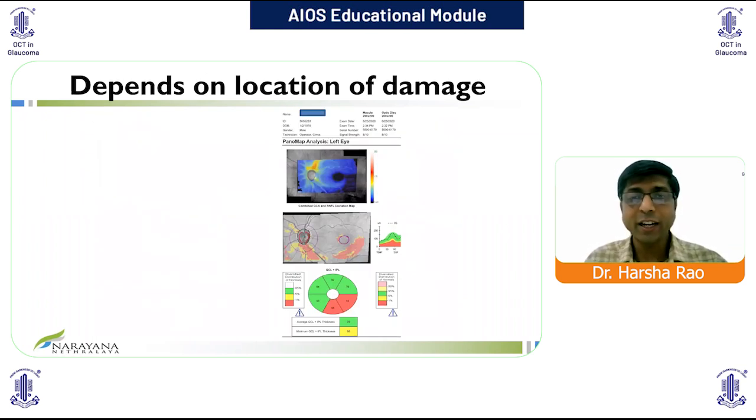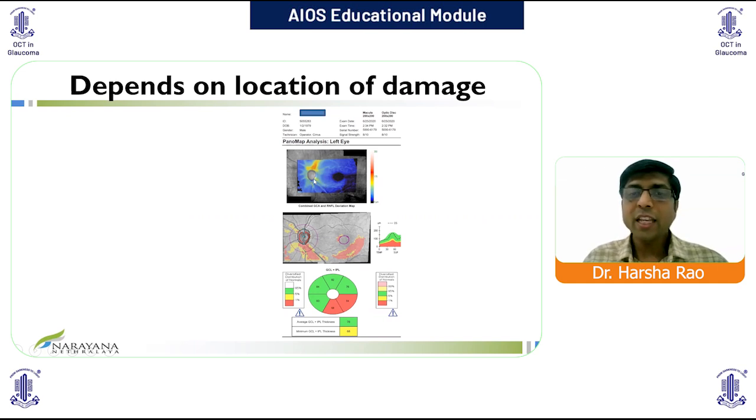To highlight this fact, I have an example here. These maps are called the pano maps, where the optic nerve head map and the macular maps are placed next to each other to have a better view of the structural defect.